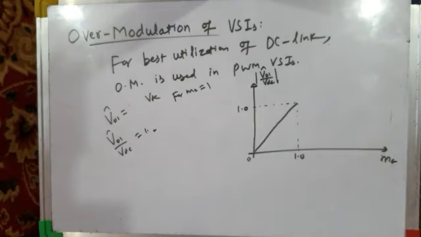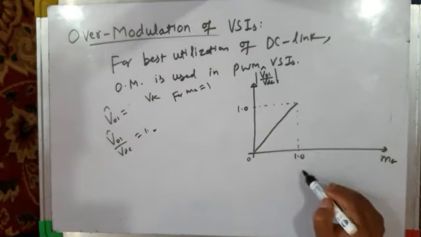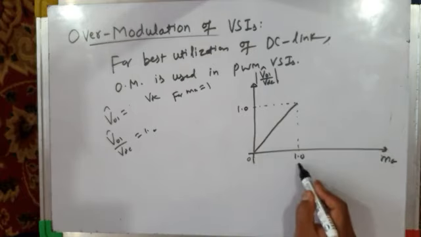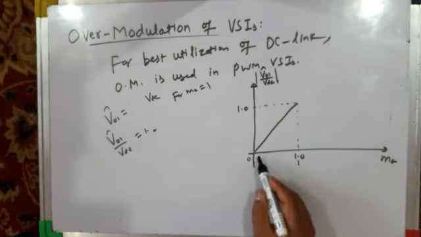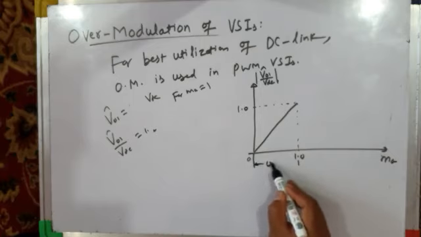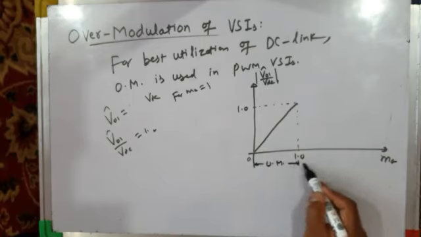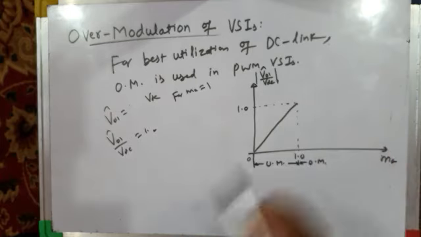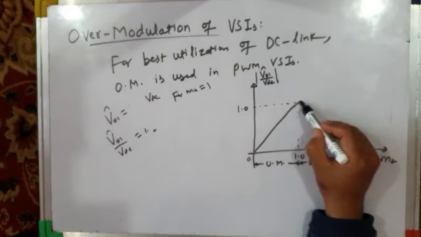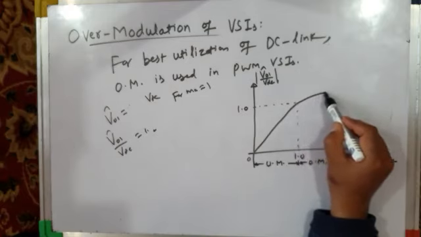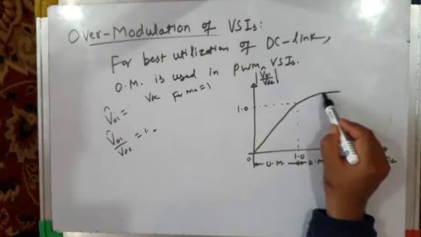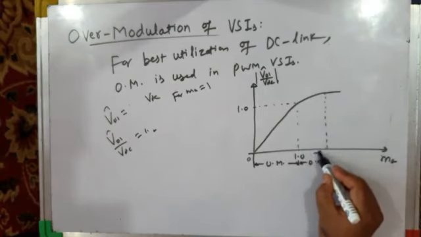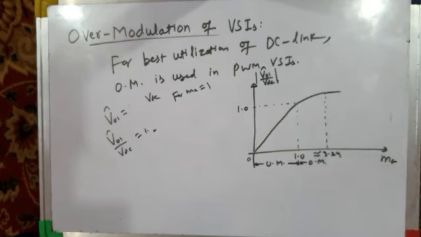And then if modulation index is greater than unity, that means we go for over modulation. So from here to here is under modulation, UM means under modulation. After that we go for over modulation. When we go for over modulation, inverter output voltage increases, but it increases in a non-linear fashion till we reach a very high value of modulation index, say roughly around 3.24.